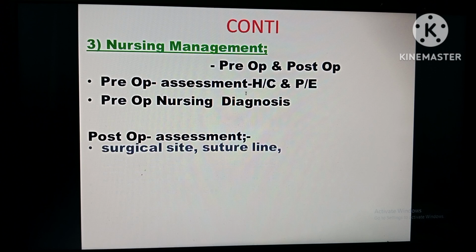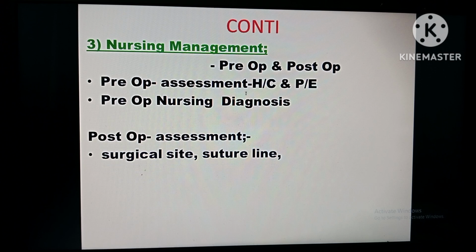Okay, once the surgery is over, the client is brought to the post-op. The post-op nurse has to receive the patient, put the patient in a proper position, and in front of the OT staff, doctor as well as anesthetist, the surgical site has to be inspected. Surgical site, suture line, whether it is intact or not, any complication that occurred in the OT, and tubing also, how many tubings are present, any drainage present.